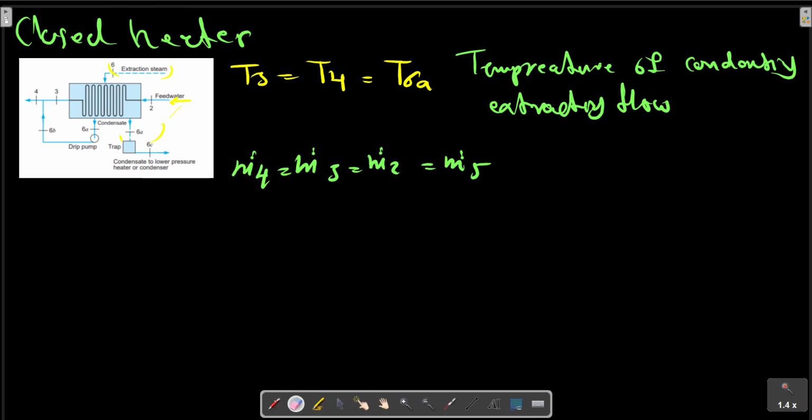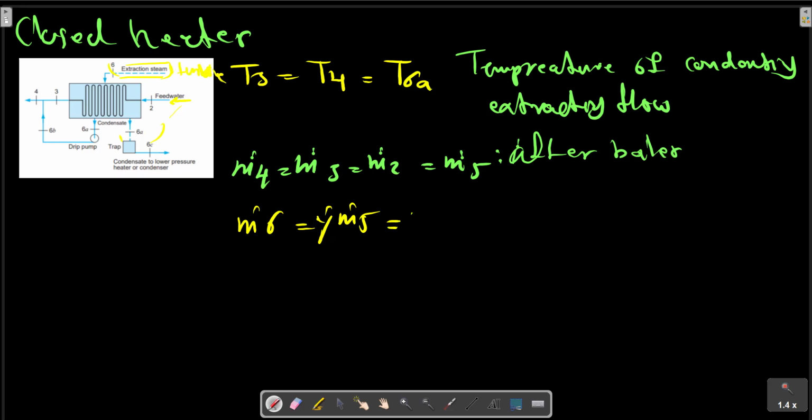I'm looking for m5, which is the flow in the turbine after the boiler, and also m6, y m5, the extraction steam from the turbine. M6A is the other flow. We have two flows.